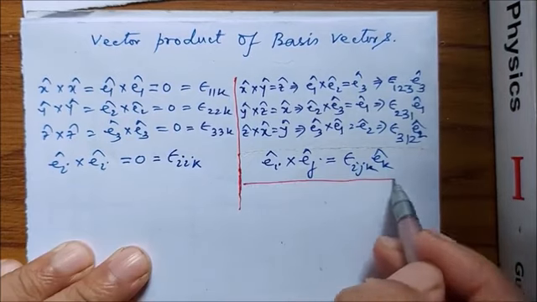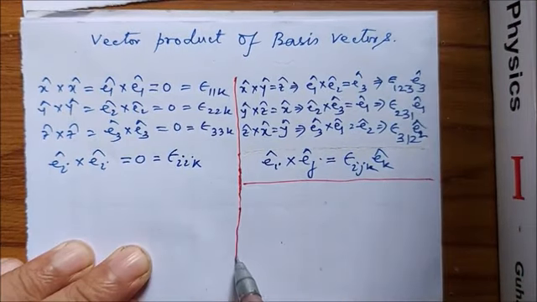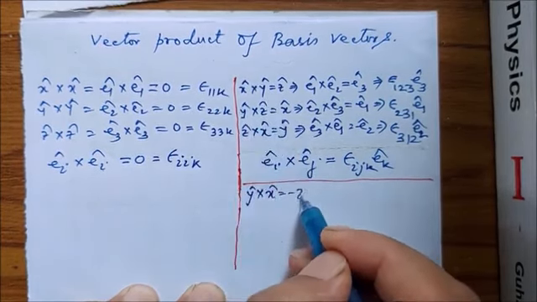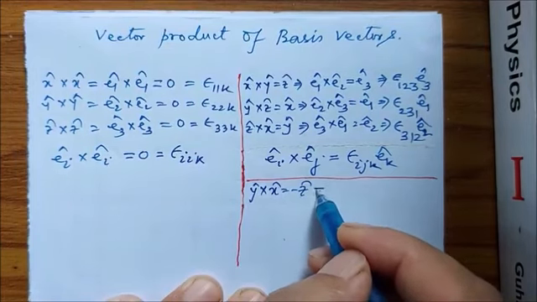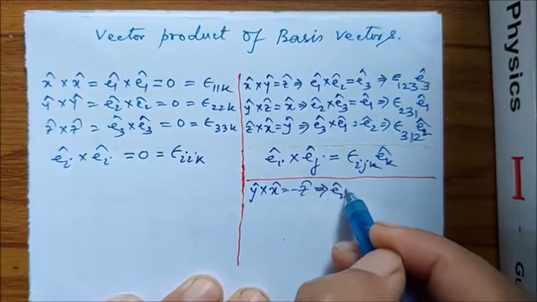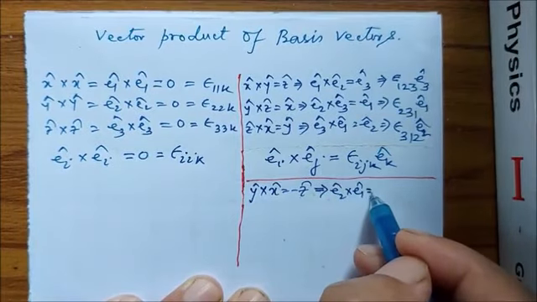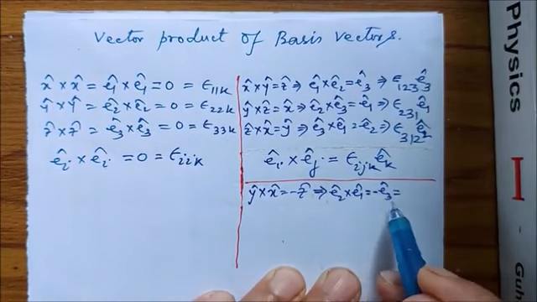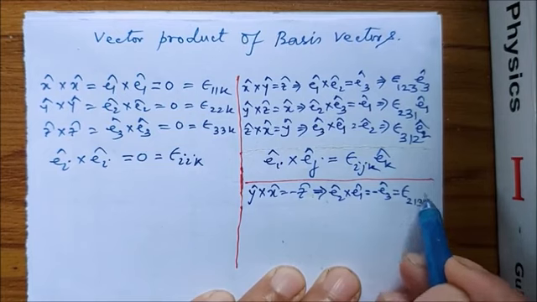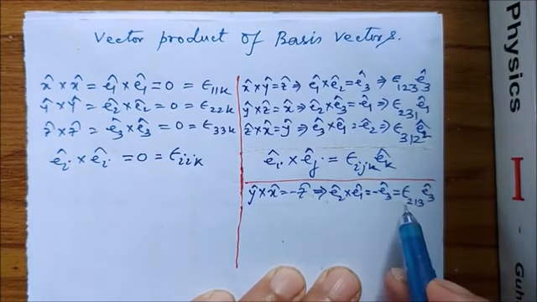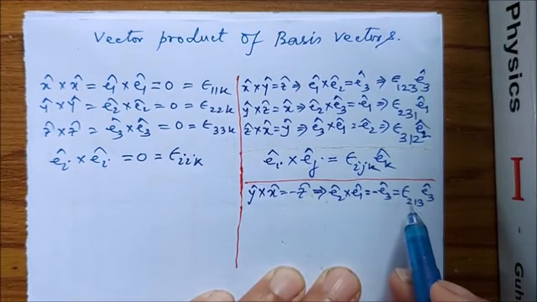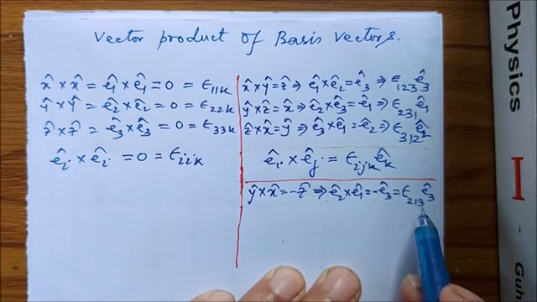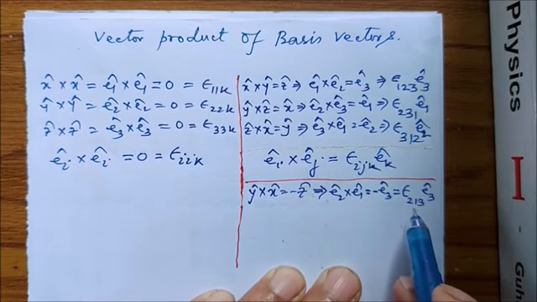So we now write the other set of relations. y cross x is minus z, and this can be written as e2 cross e1 cap is minus e3 cap. So this is 2, 1, 3. And Levi Civita 2, 1, 3 is minus 1 because 2 should be followed by 3 for it to be cyclic, but in this case it is followed by 1.